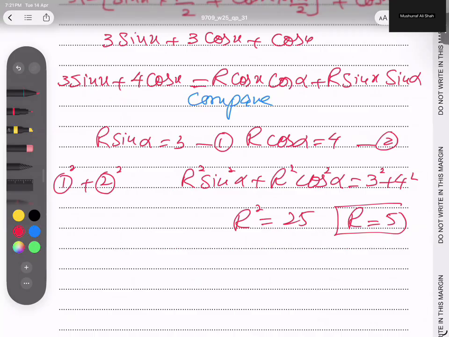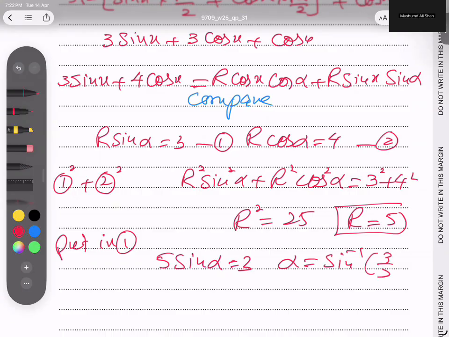This is done. Now I'm looking for alpha. Plug in 1, either here or here. So when I plug in 1, r is 5, so 5 times sine alpha equals 3. Alpha is equal to sine inverse 3 over 5.